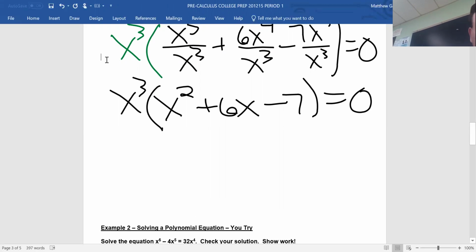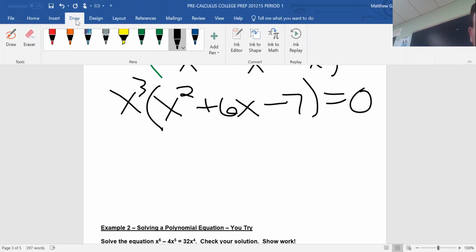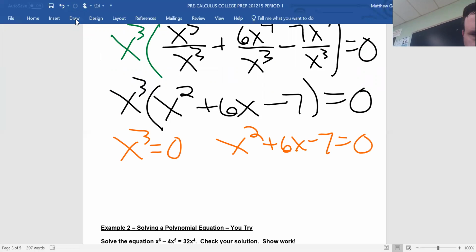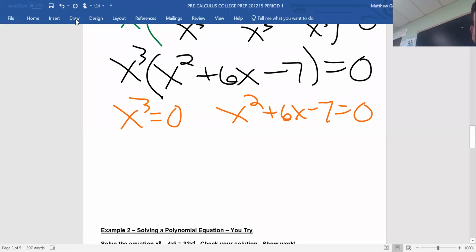So the next thing we do is apply the zero product property. x cubed is equal to 0. And x squared plus 6x minus 7 is equal to 0. So x is equal to the cube root of 0, which is 0. So one of the solutions on all of these should be 0.